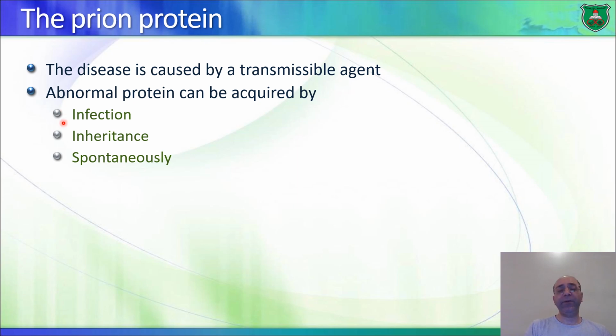It can also be inherited, so if the prion gene is mutated, that results in an increased probability of misfolding of the prion protein, or it can be spontaneous, just bad luck, let's say. So the disease is caused by a transmissible agent, and this transmissible agent is a protein. It is not, again, a pathogen of any type.